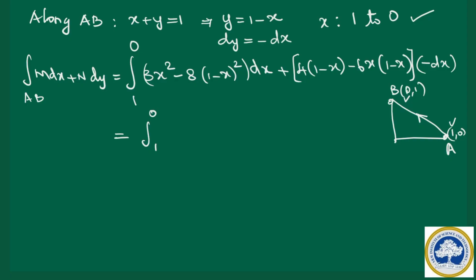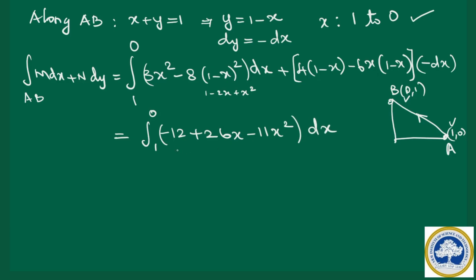Now you simplify this whole thing so that you will be getting minus 12 plus 26x minus 11x square. That is, you have to expand this term also, 1 minus 2x plus x square. So if you see the constant term here, minus 8, and then here 4 into minus dx is here. So minus 8 minus 4 is minus 12.